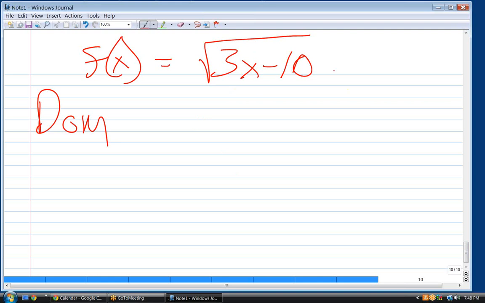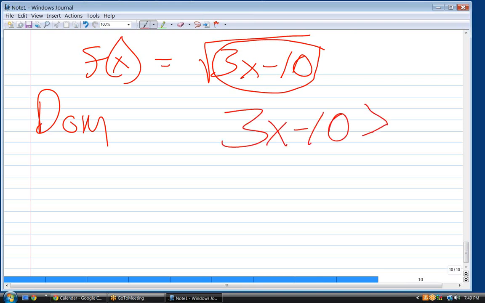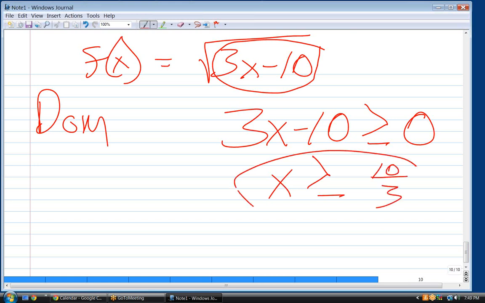I don't want to set the whole thing equal to 0. But what I do know is that you can't take the square root of negative numbers. Therefore, whatever is inside the radical has to be 0 or greater. So the way I solve it is by making it greater than or equal to 0, which makes x greater than or equal to 10/3. There's your domain.